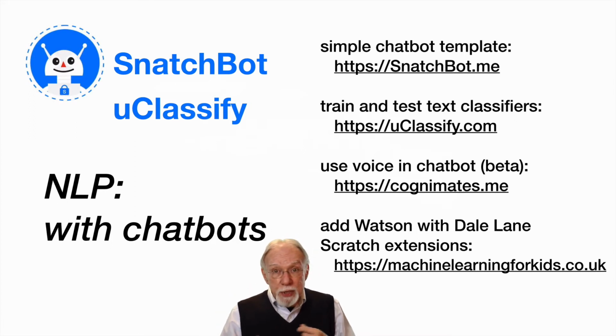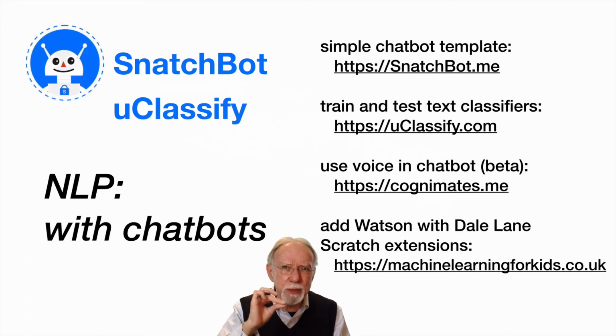Chatbots normally are programmed for specific words, but the person speaking doesn't always choose those words. So there's a way to build what's called a text classifier, where the system can try to figure out what word they really mean, even if they don't use that exact word.